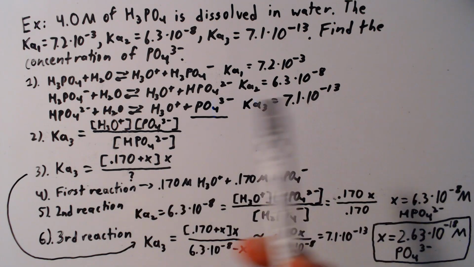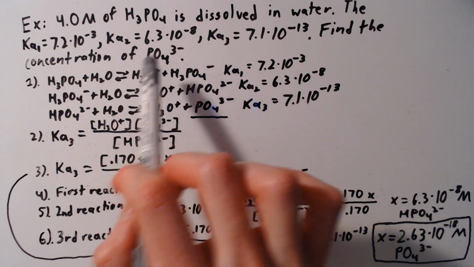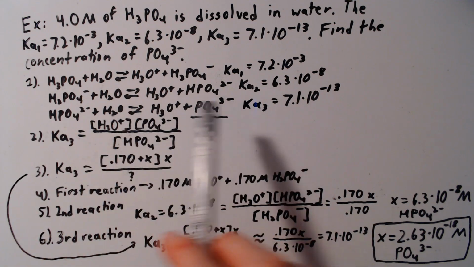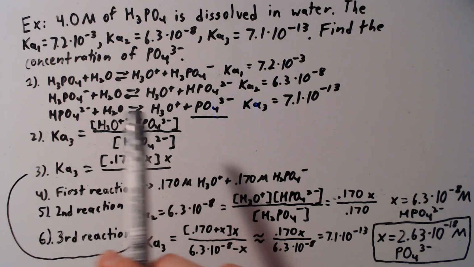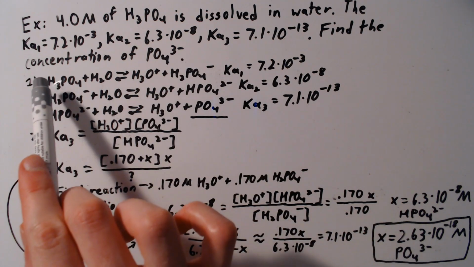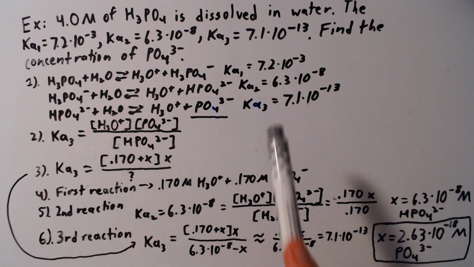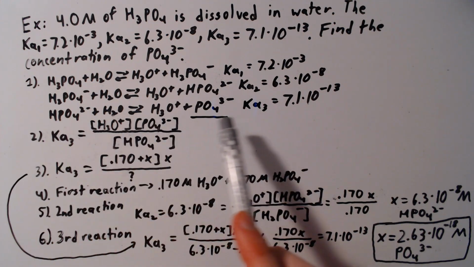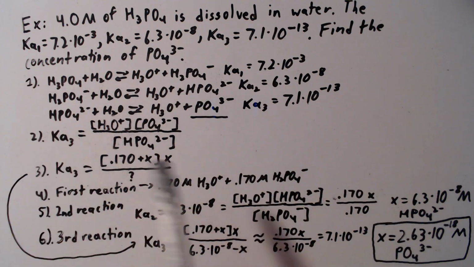So again, we have to understand what is happening when the H3PO4 is dissolved in the water. So we have our reactions for the polyprotic acid. And in this case, unlike in the previous problem, we unfortunately cannot ignore these second and third reactions, because the PO43 minus concentration is yielded only by the third reaction. So we have to work with all three in this problem.